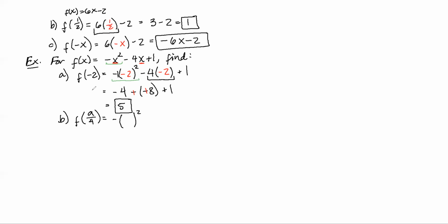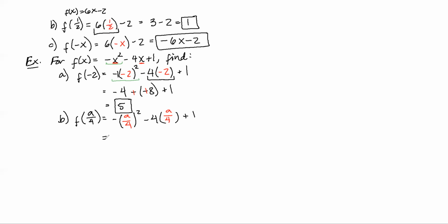And now we're plugging in a over 4. So I'll put that in the parentheses. And then we have minus 4 times x, so minus 4 parentheses a over 4. And then we have the plus 1 at the end. Again, these x's became a over 4.